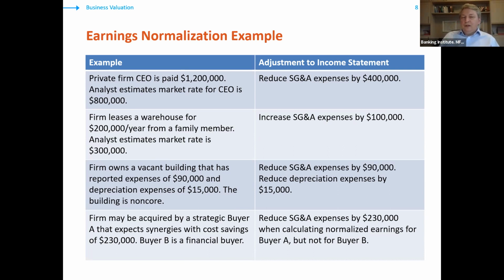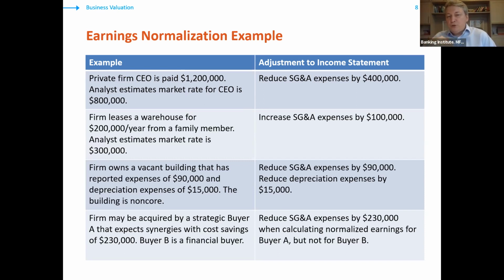Another example, a firm has a vacant building. This building generates expenses for operations and has some depreciation expenses. And this building isn't in use. What should we do? If we own this company, we would probably sell this building.